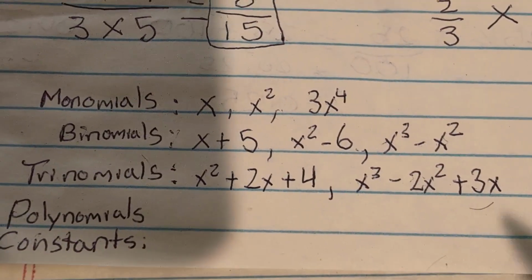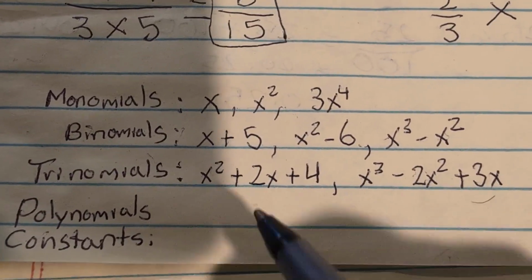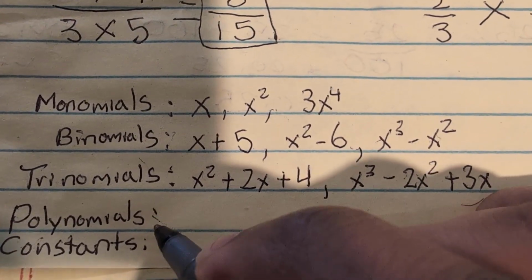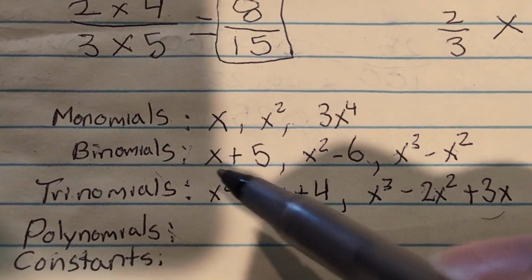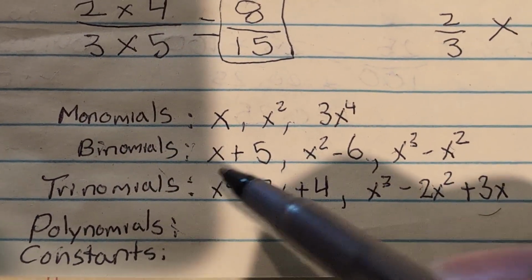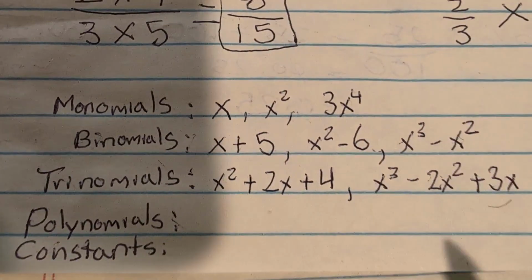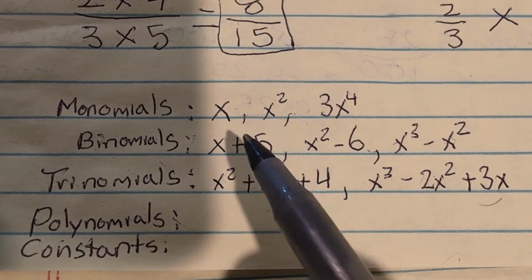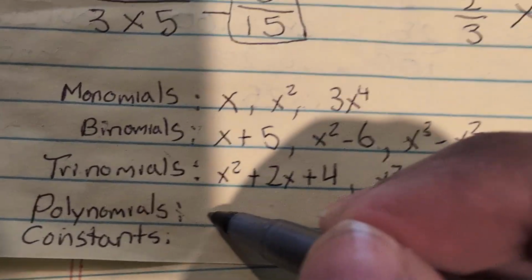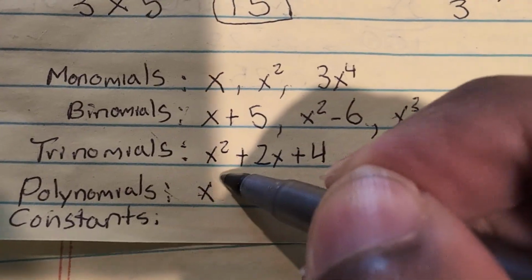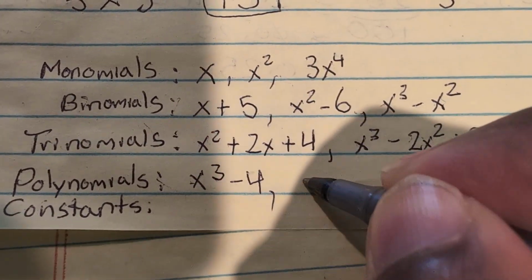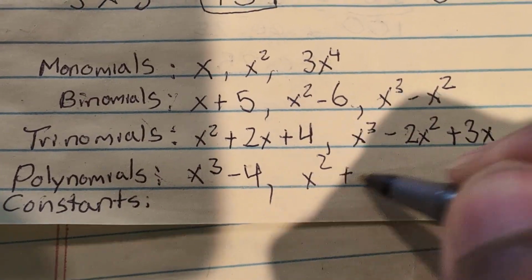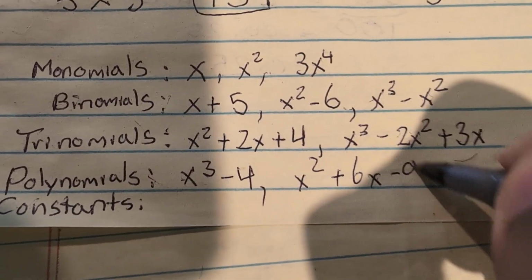So polynomial, okay? A polynomial is any one of these. As long as it has more than one term, it's considered a polynomial. So this is a polynomial, this is a polynomial. A polynomial could be like x cubed minus 4, or it could be x squared plus 6x minus 9, right?